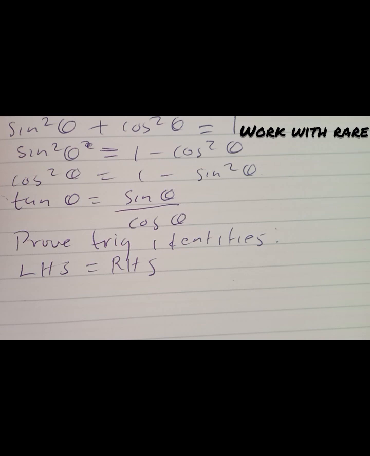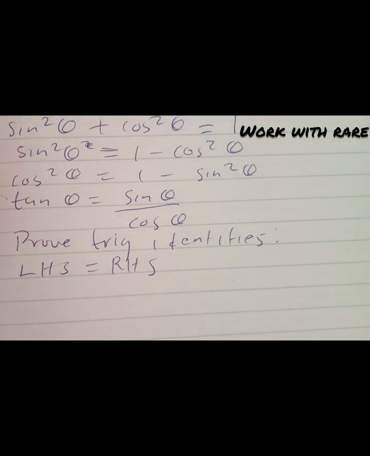Also focus on denominators. Say on the right hand side I have tan x, and on my left hand side I have these two fractions. I know at the end I should have my denominator as cos, for me to get sine over cos, so that I can get tan. You get it? So that's what you should know.